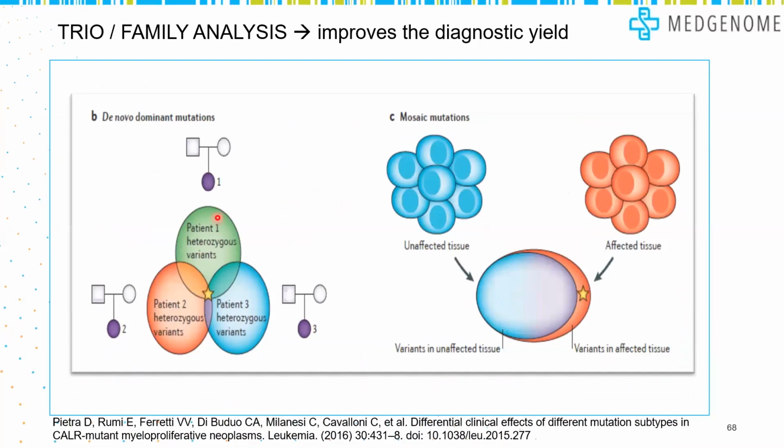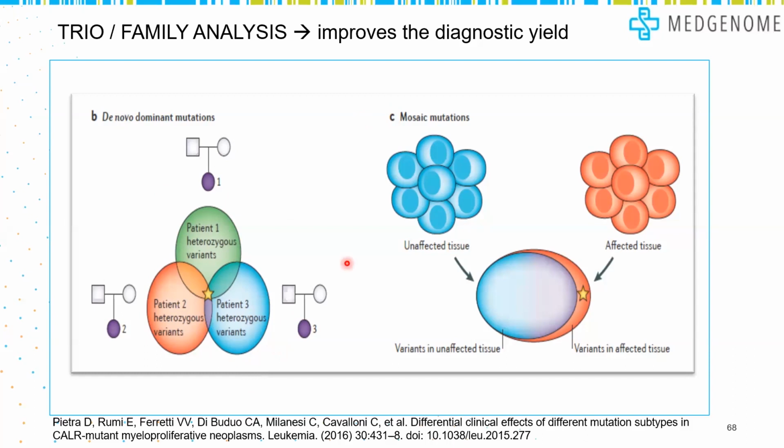The same applies even for de novo. Even if it is a de novo and we have multiple different families in which the clinical phenotype is very clear and all the affected probands are having a single similar variant compared to the people who are not having it, then in one go again we can confirm that it is a de novo dominant variant.